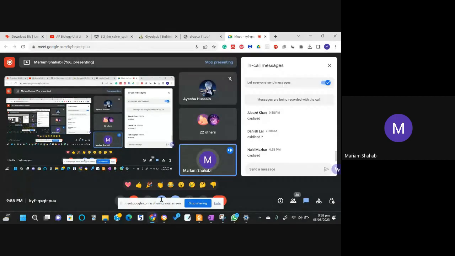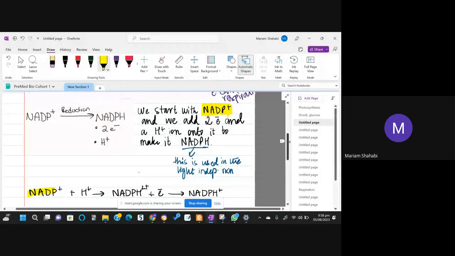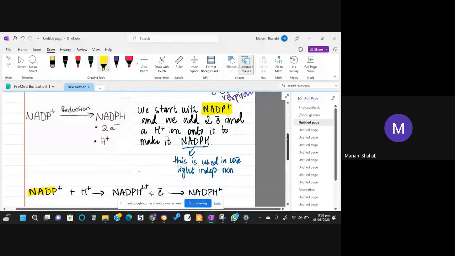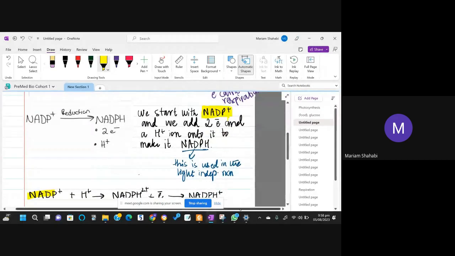Yes, it is oxidized because इस वक्त it doesn't have excess electrons, it has a deficit of electrons. But now what we'll do is हम NADP plus को force करेंगे कि वो electrons accept करे and become something else. So NADP plus is reduced to NADPH.